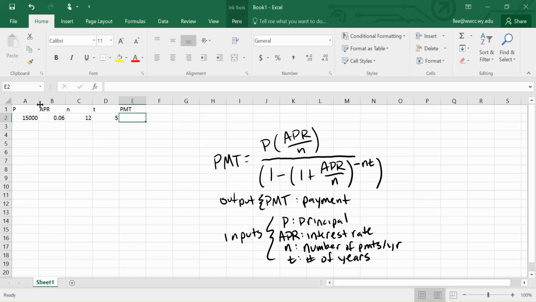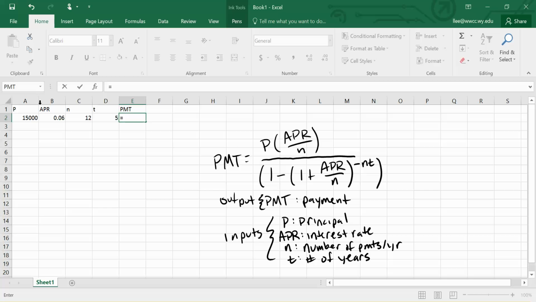So using Excel, it follows order of operations. We need to be sure everything is lined up, including parentheses around our numerator and denominator. That way Excel knows where the fraction is. So with Excel, anytime you're going to have it do the calculation, start with an equal sign, right?